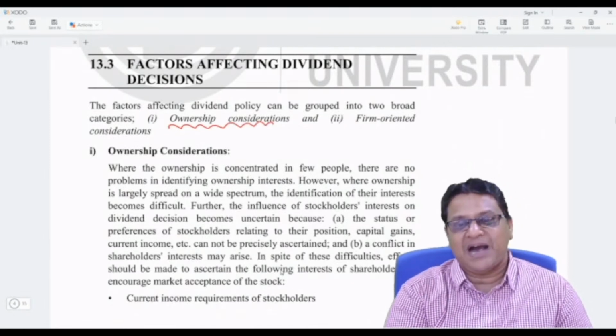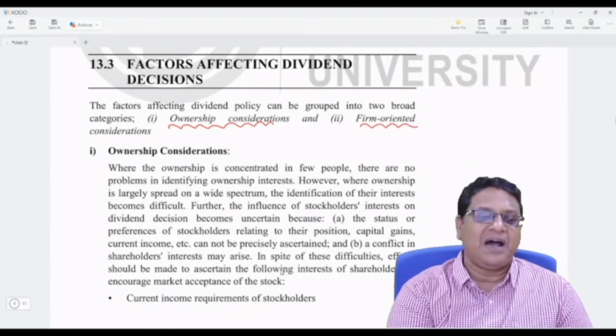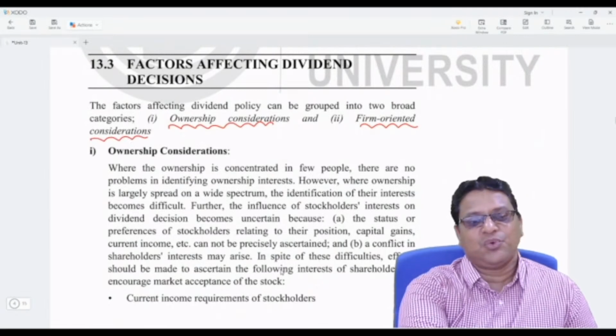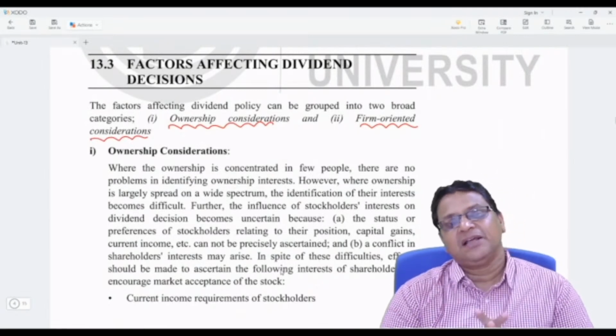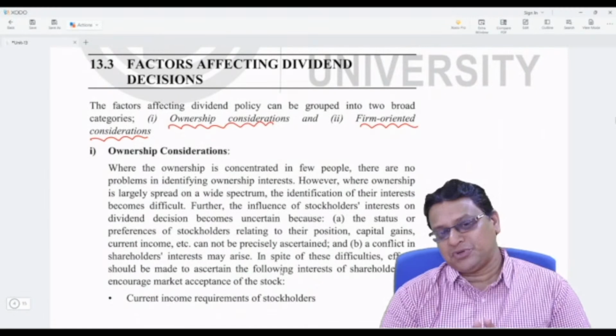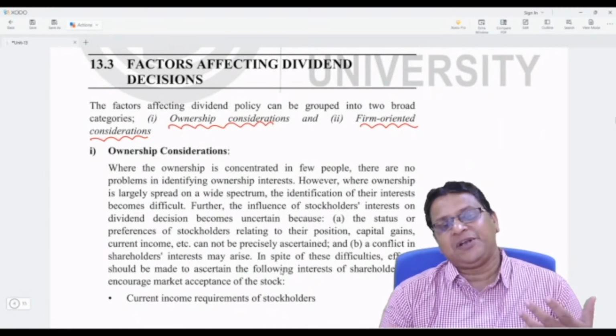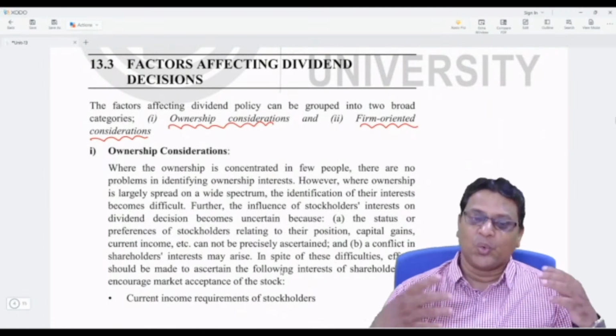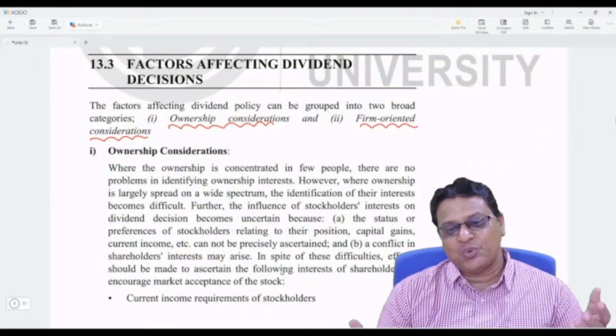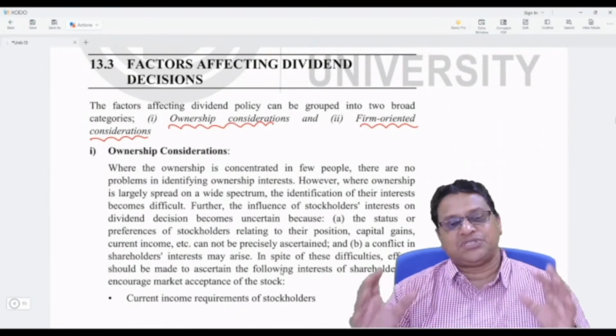Another is firm related factors or firm oriented consideration. So while deciding the dividend policy, two types of consideration must be taken into account. One is known as ownership consideration, another is known as firm oriented considerations.